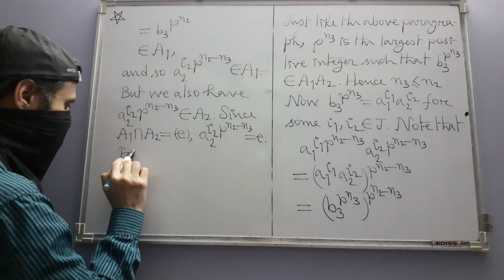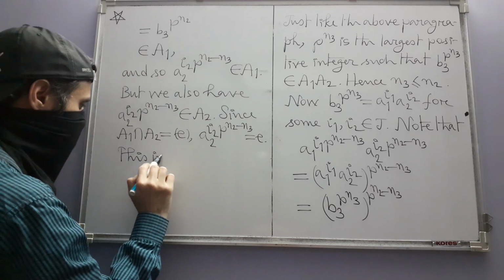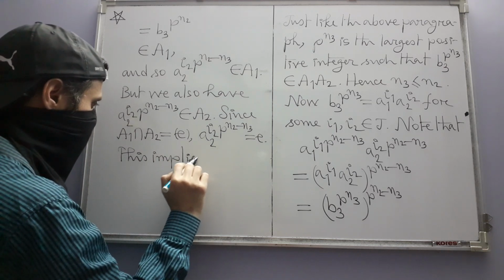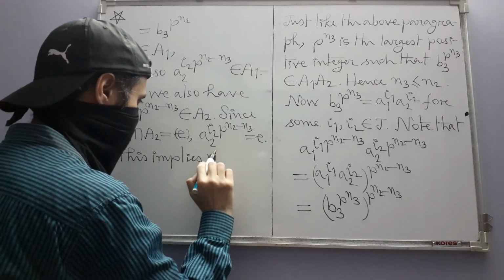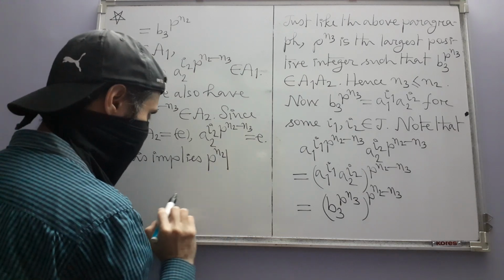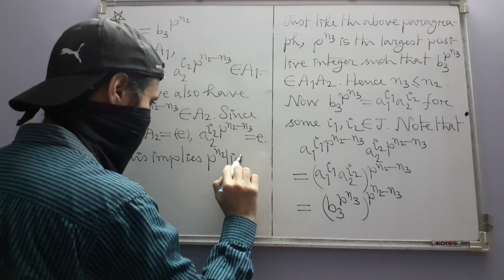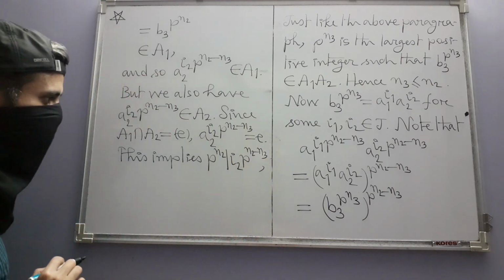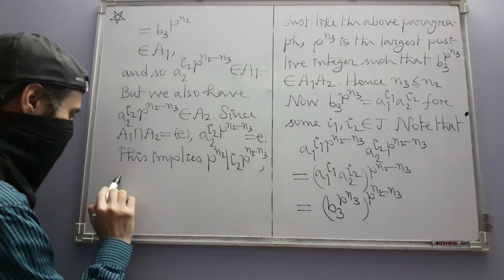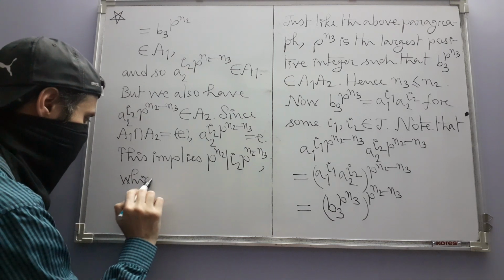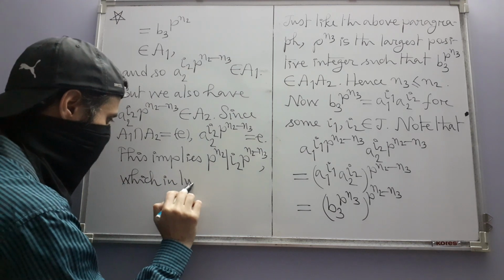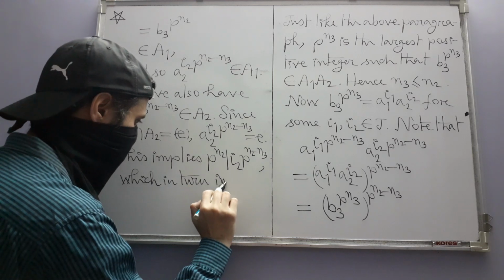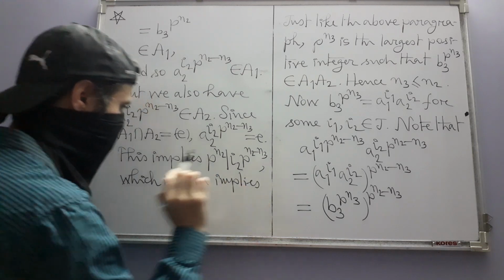This implies P to the power N2 divides I2 times P to the power N2 minus N3, which in turn implies what?